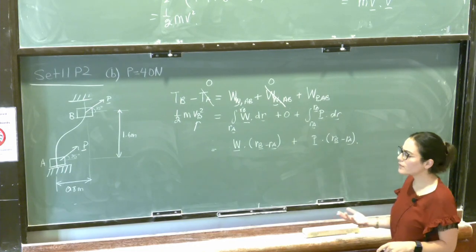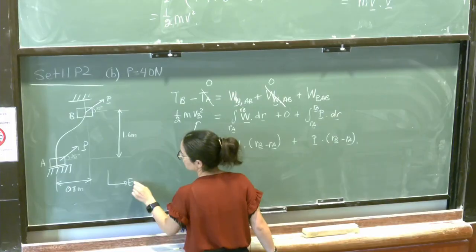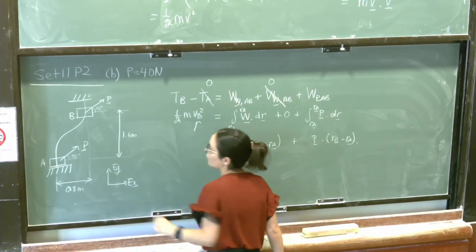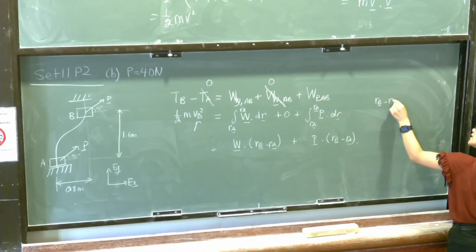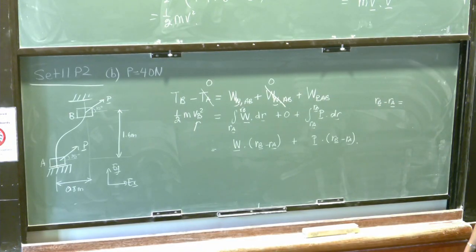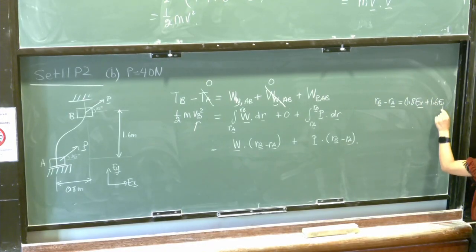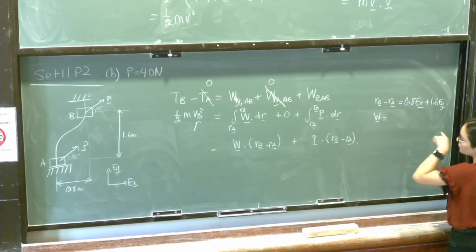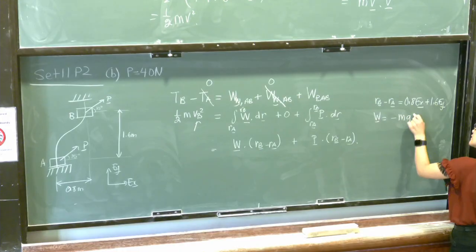Right? What is Rb minus Ra in this problem? What is it? Rb minus Ra is equal to what? 0.8 ex plus 1.6 ey. Okay, what about the weight? Negative mg ex.